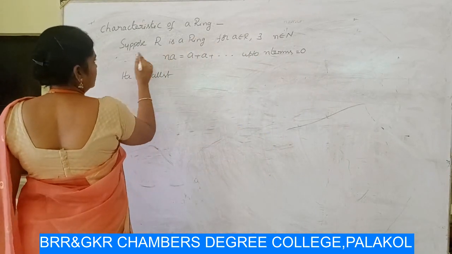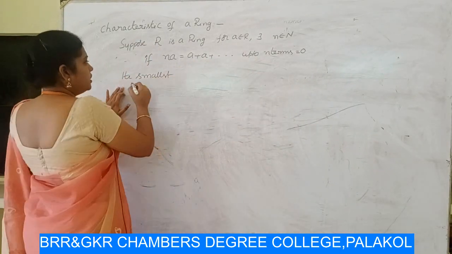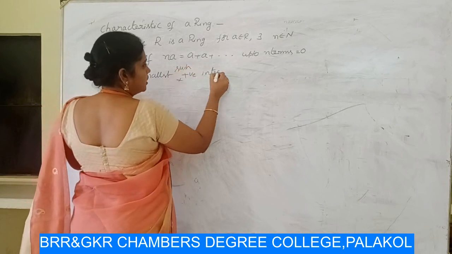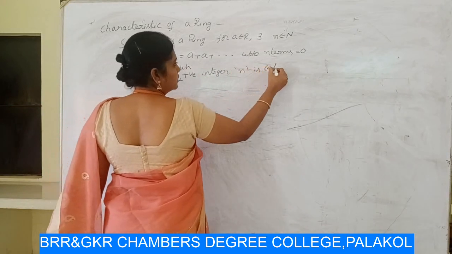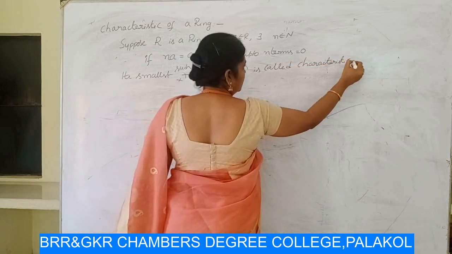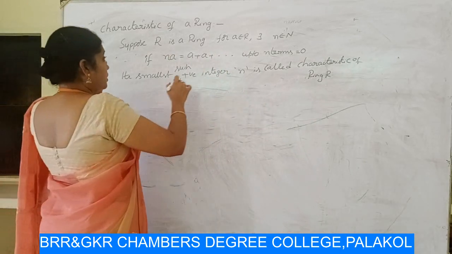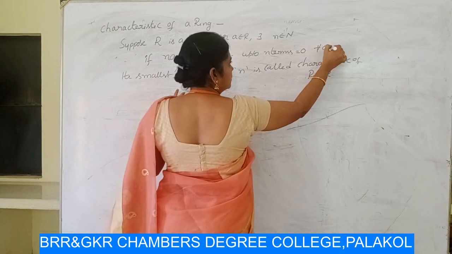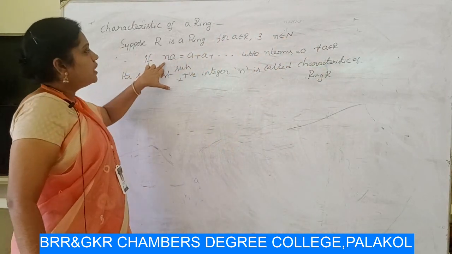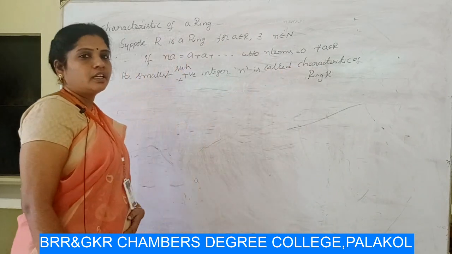n belongs to the natural numbers. If na is equal to a plus and so on up to n terms is equal to 0, the smallest such positive integer n is called the characteristic of a ring R. Here, for all a belongs to R, na is equal to 0, and also n is the least positive integer, then n is the characteristic of a ring.